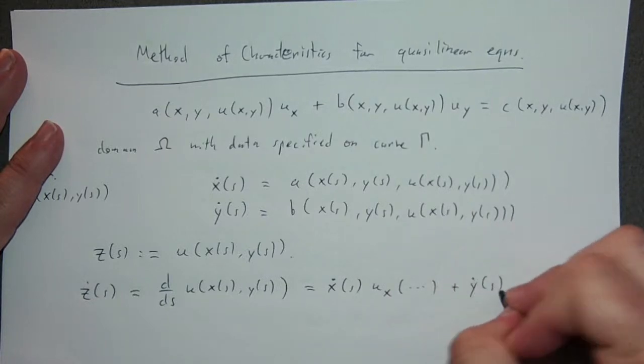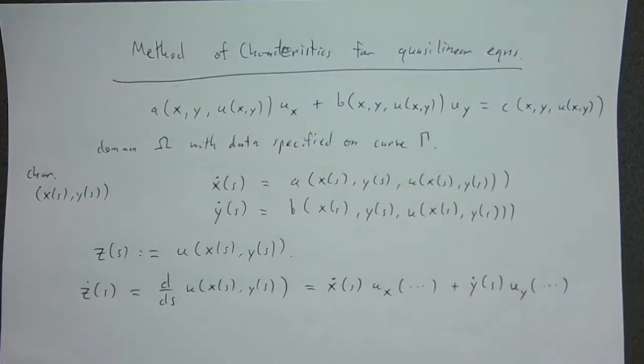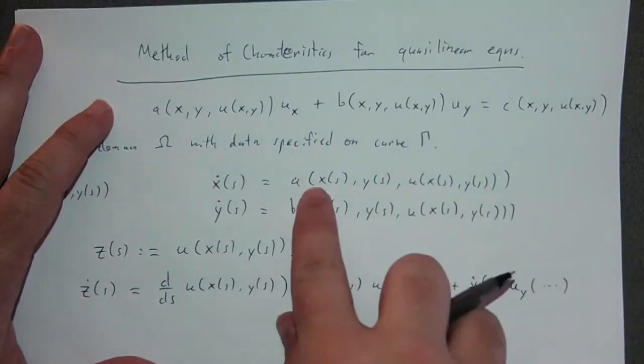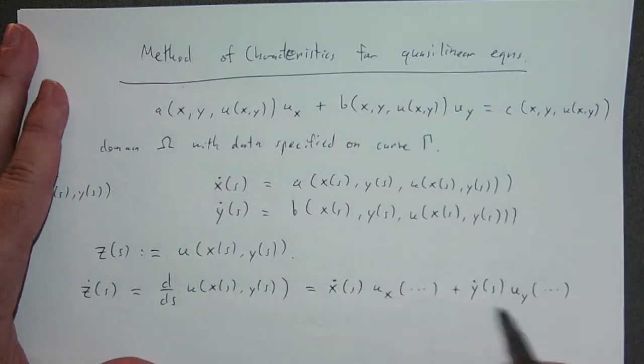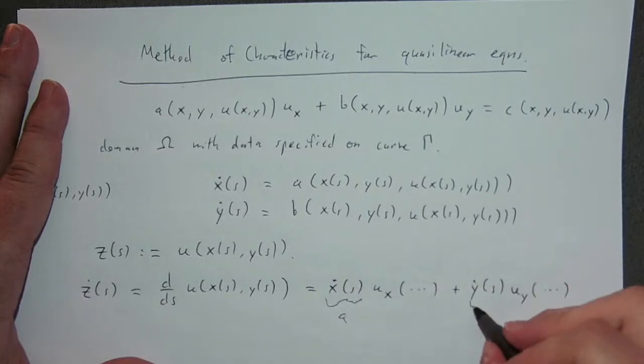Y dot times u sub y with the same stuff plugged in. This is just me taking this derivative, chain rule, all that business, right? But by these previous characteristic equations, this is A and this is B, with stuff plugged in. I'm not going to rewrite all that.